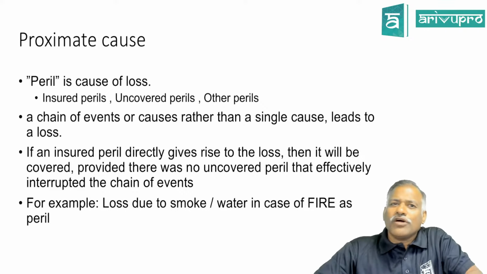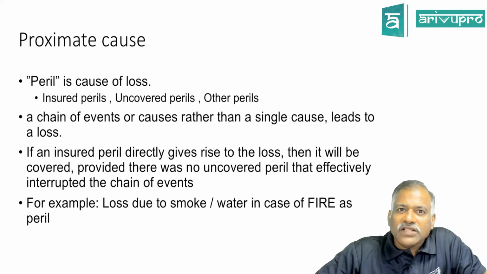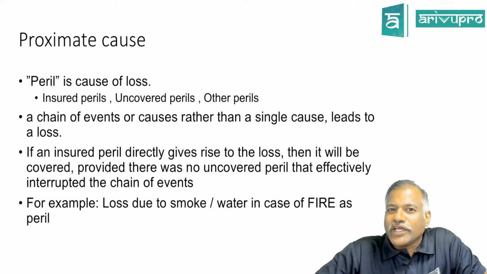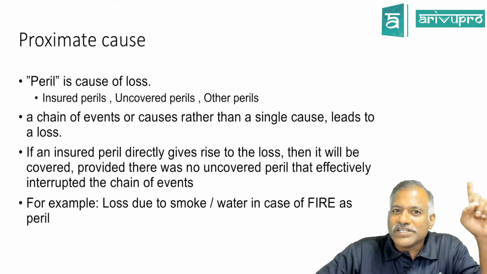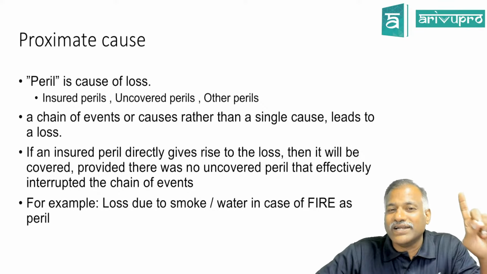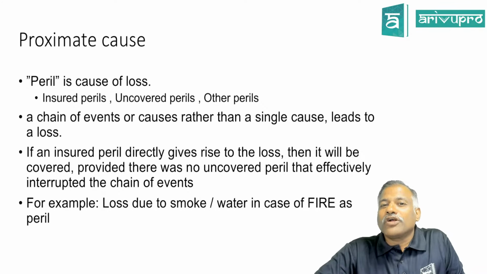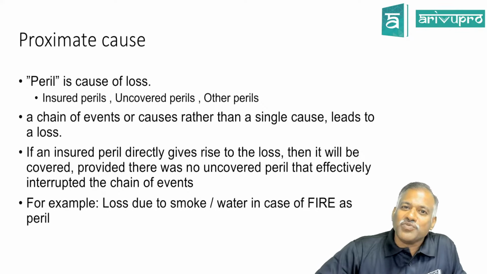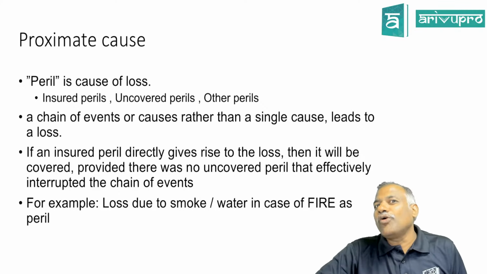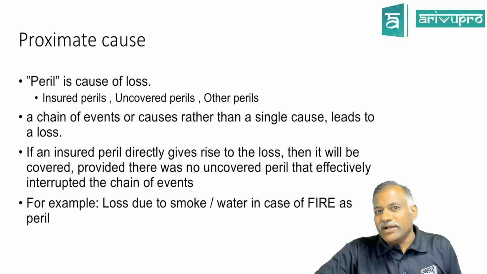Now, why this cooling off period of 4 years? This is primarily to ensure one of the conditions of an insurable risk: it should be accidental. If there is a pre-existing illness, you cannot take insurance and then claim for it, because that is not accidental. It is already known to you, so it is planned.